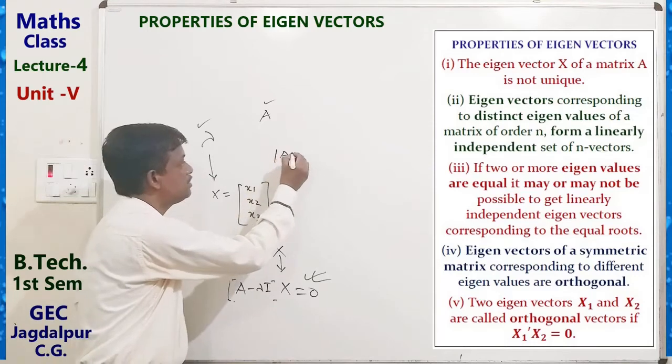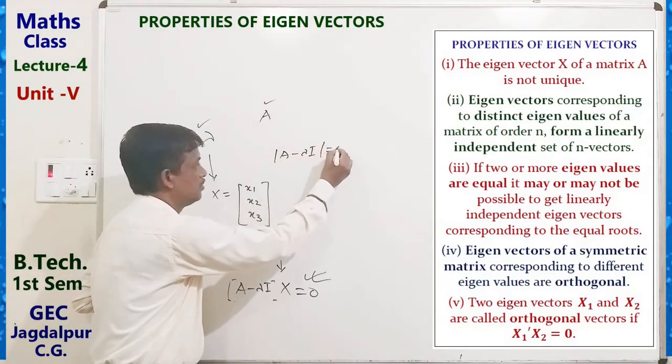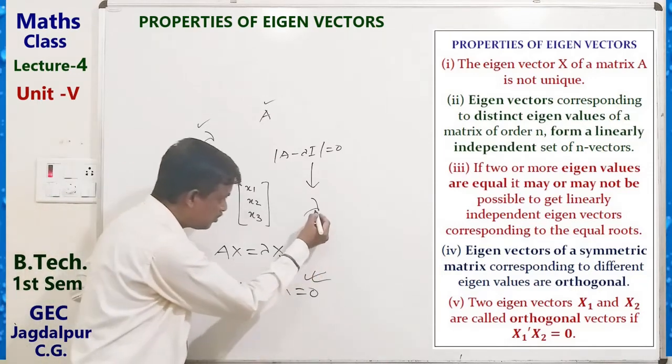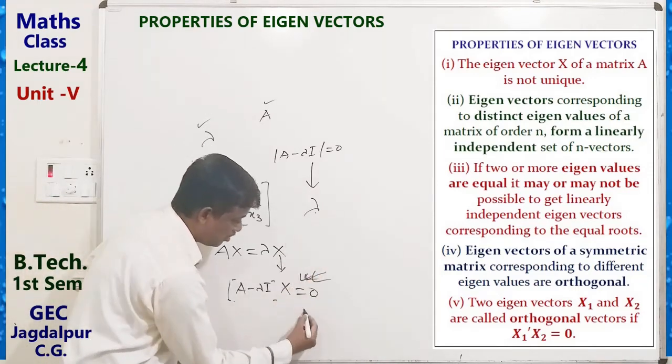By taking its determinant equal to 0, we get the value of lambda. Corresponding to this lambda, it will give a non-zero solution.